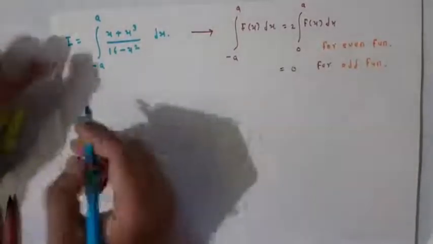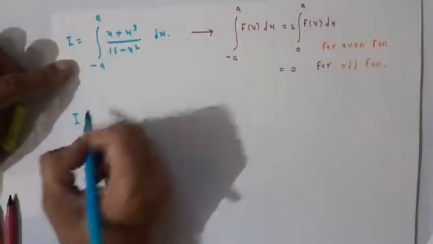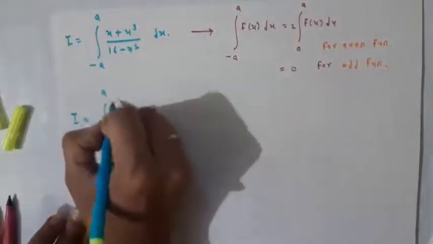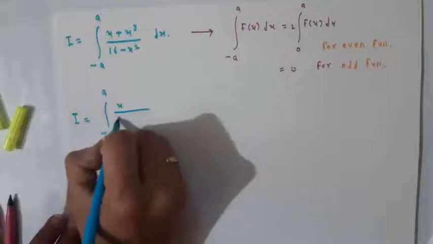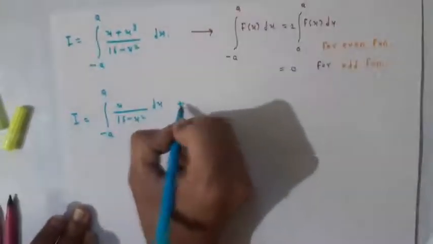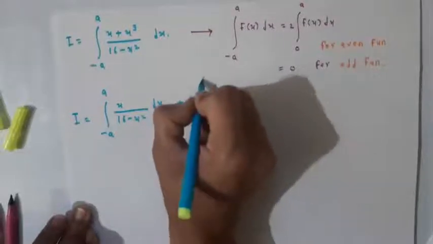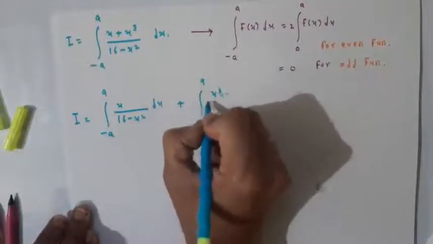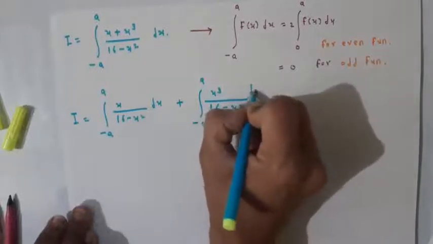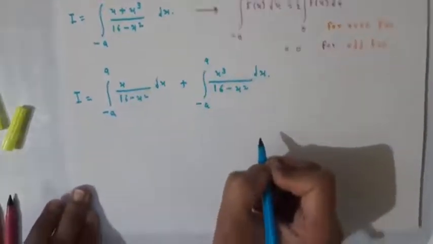So here the integration I equals, first separate the terms, the integral from minus a to a of x upon 16 minus x square with respect to x, plus the integral from minus a to a of x raised to 3 upon 16 minus x square with respect to x.